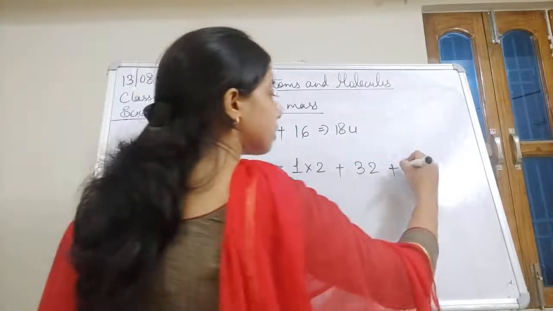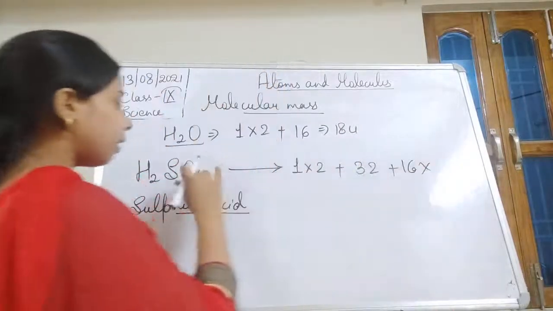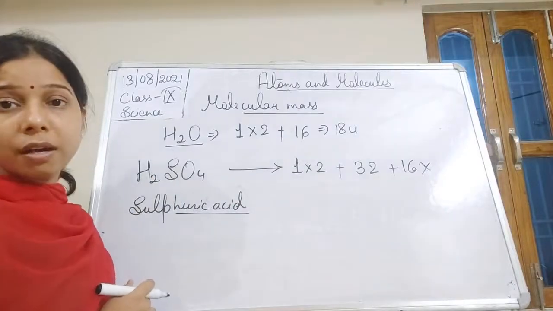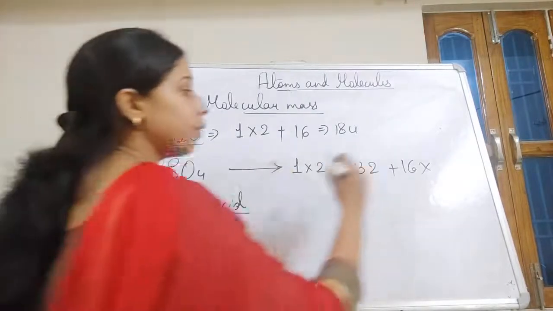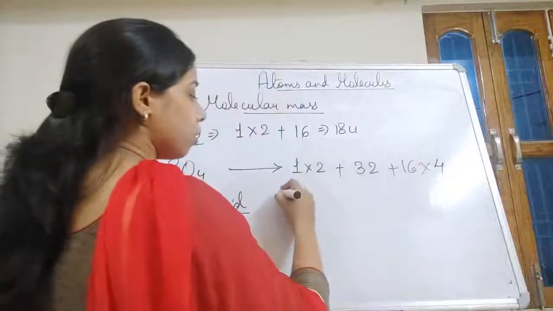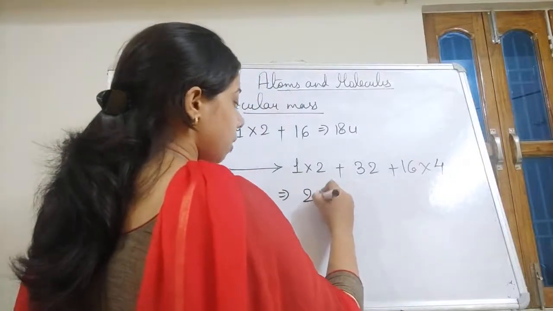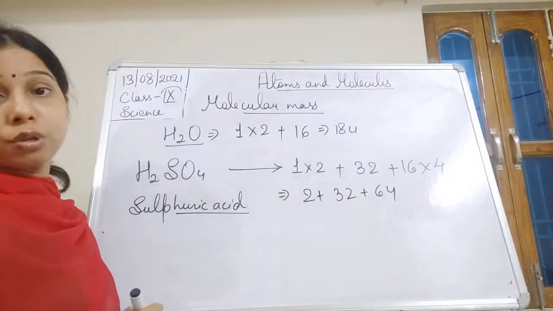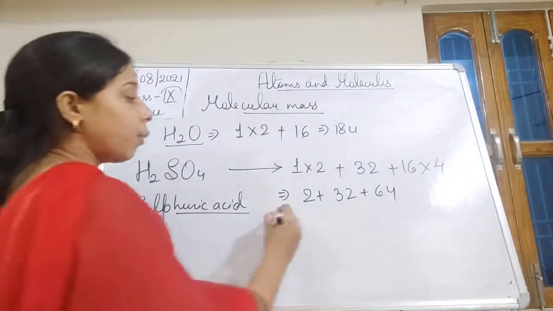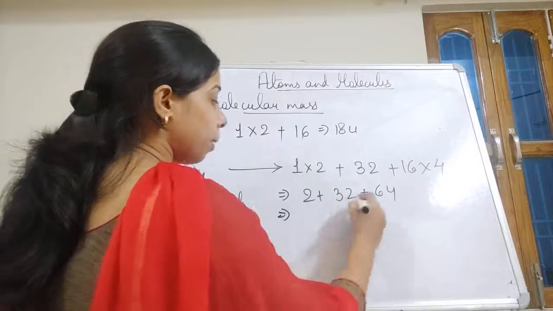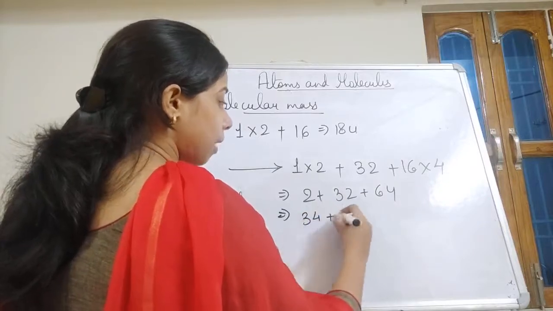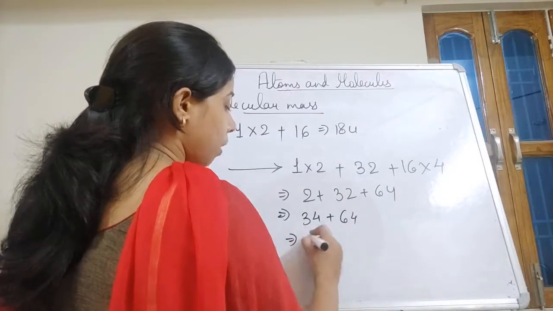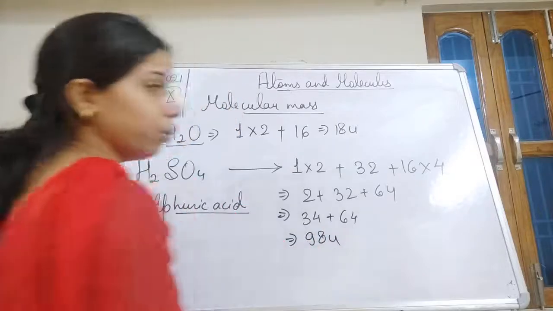The number of oxygen atoms is 4, so we write 16 into 4. So now it will be 2 plus 32 plus 64, since 16 into 4 is equal to 64. Now when you add all of them, it becomes 34 plus 64, or 98 U.